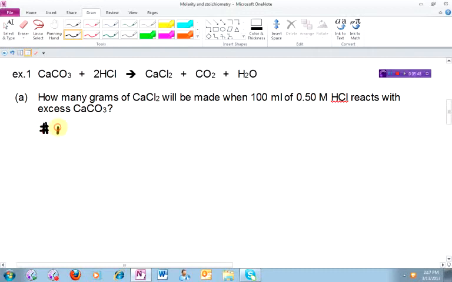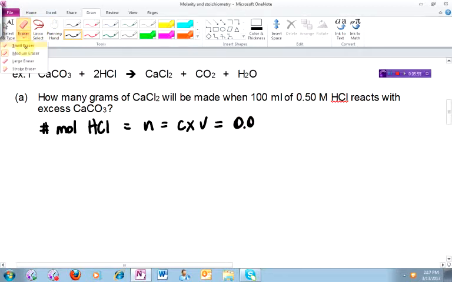So the number of moles of hydrochloric acid is n is equal to C times V, which is 0.50 M times, remember, convert milliliters to liters when you're using this equation, 0.100 liters.